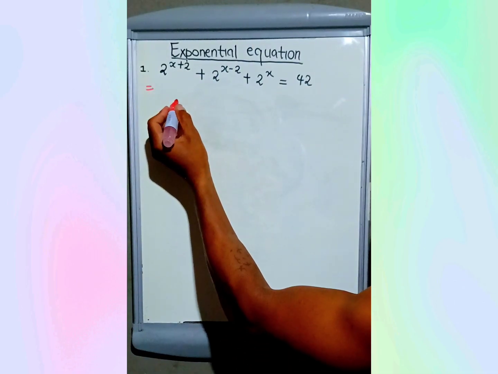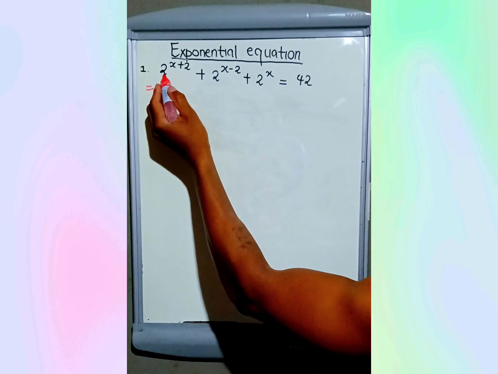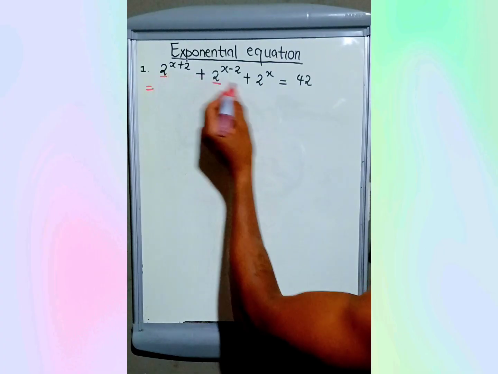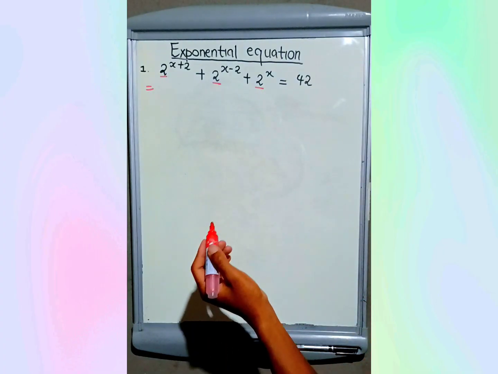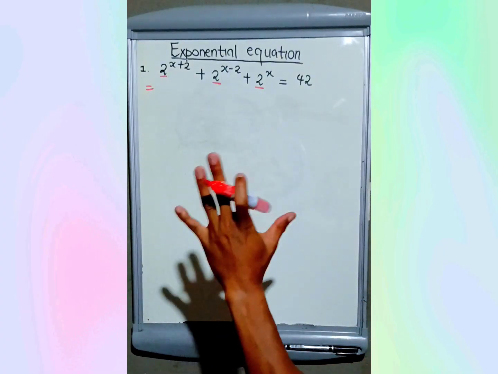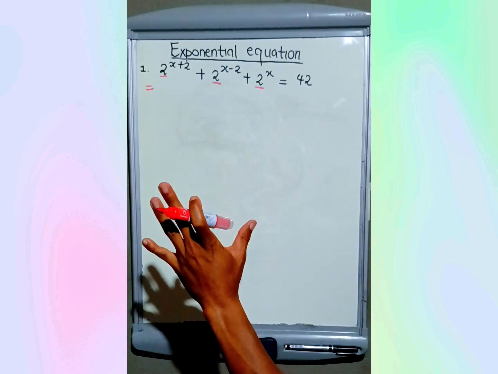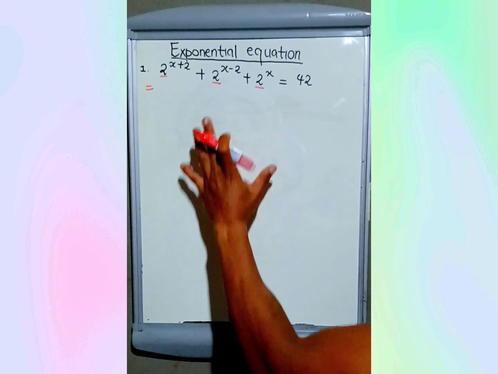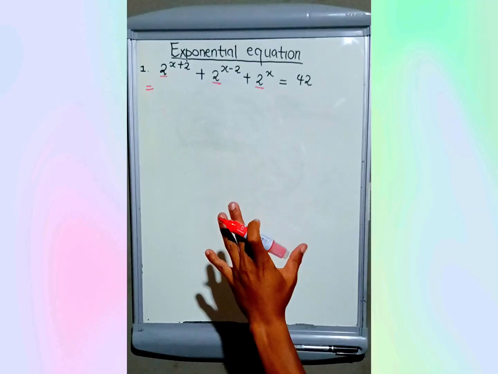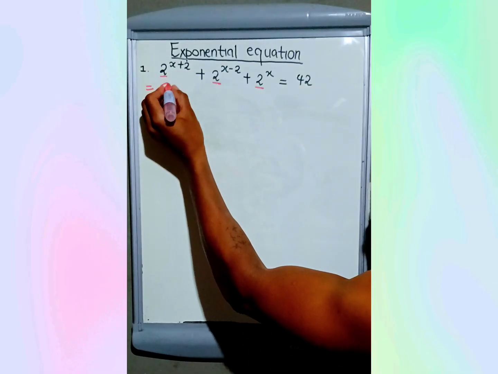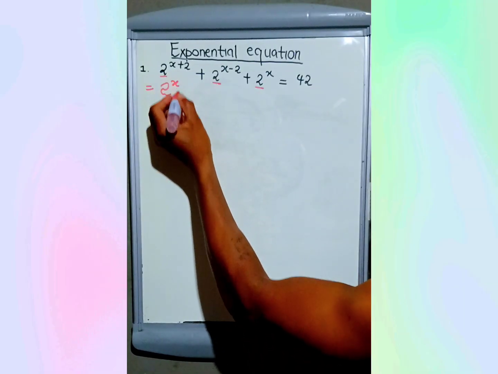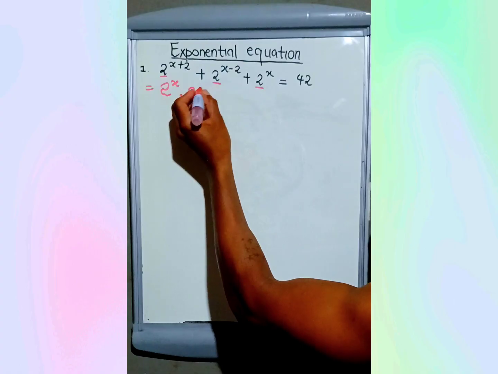Okay, the first thing you need to do here: do you see that the base is 2, the first prime number? It is correct. You don't need to simplify the base. Then we need to simplify the exponents. Let's go. We have 2 raised to x times 2 raised to 2.